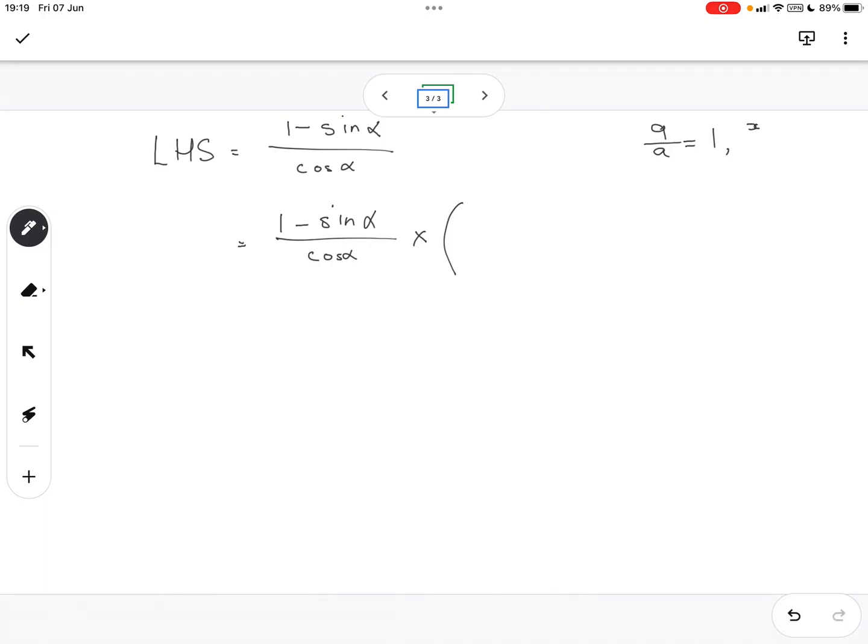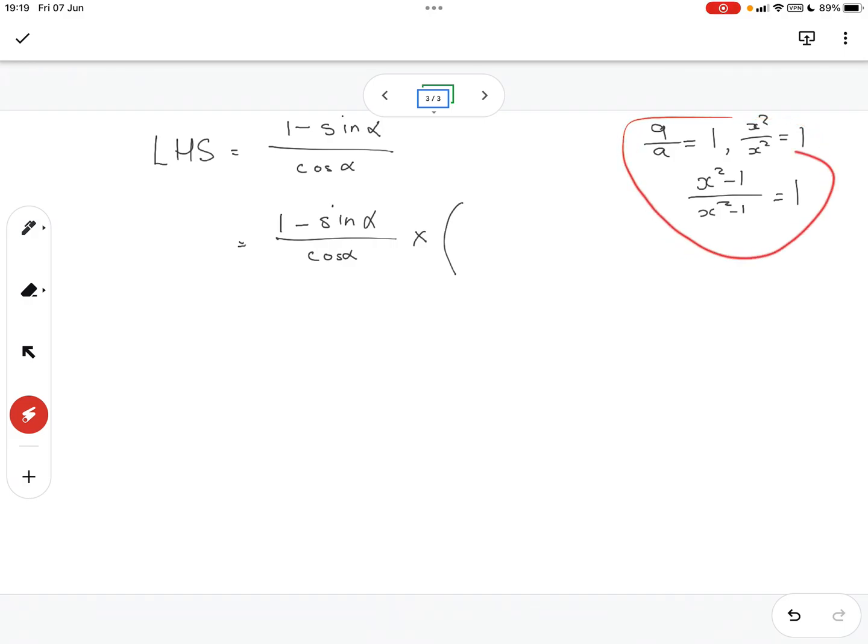We multiply it by the number 1. Any number divided by itself equals 1. That means x squared divided by x squared is 1. That also means x squared minus 1 over x squared minus 1 equals 1.